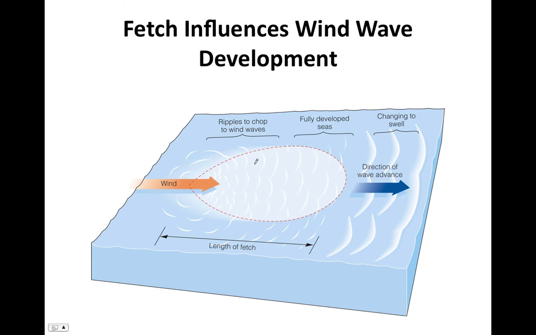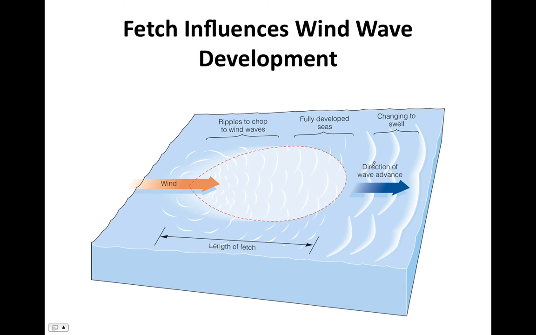And the chop is when you have waves of all different wavelengths at the same location. And so you just have this irregular up and down, this very choppy water. So choppy waters occur where the wind is actively forming waves.